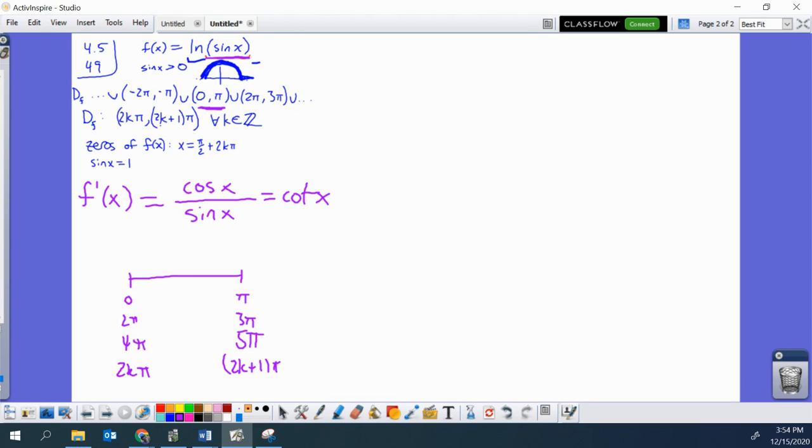And what I want to do is consider any zeros of the numerator or denominator here, right? So any places where cosine of x equals 0 or where sine of x equals 0. The sine of x equals 0 at those endpoints, right? At pi and at 0, at (2k plus 1) pi and at 2k pi. Cosine, so we already have those on there. Those are the endpoints of my interval.